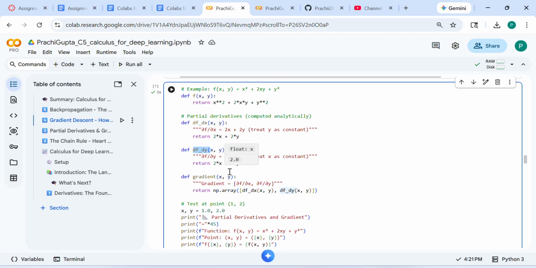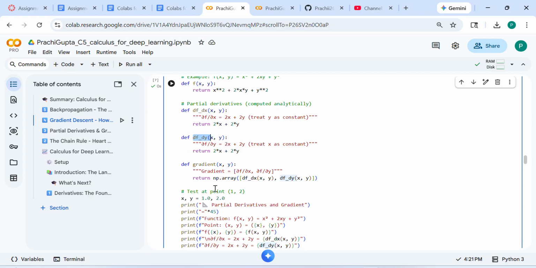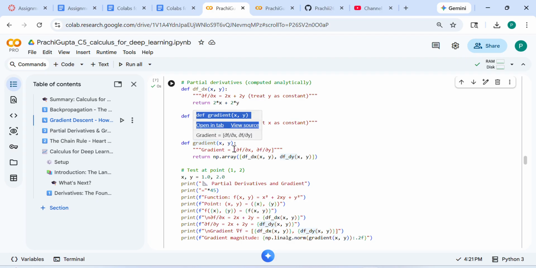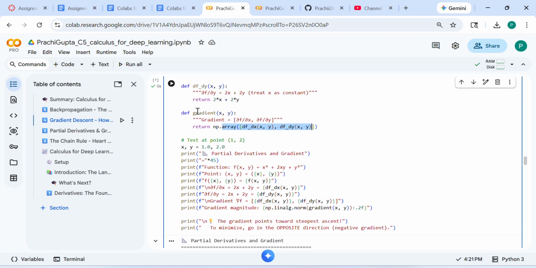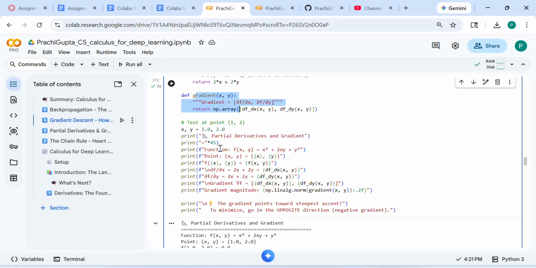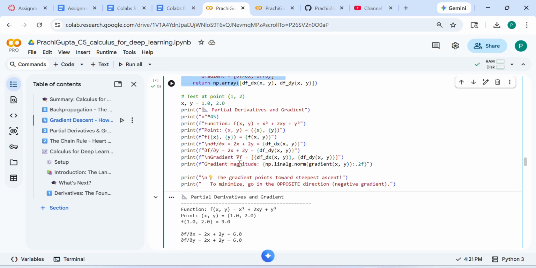This maps directly to deep learning. Each weight is like one variable, we need a partial derivative for every weight, and the full gradient is just a collection of all partial derivatives. So we are creating the gradient with all the derivatives here. We'll just run it.